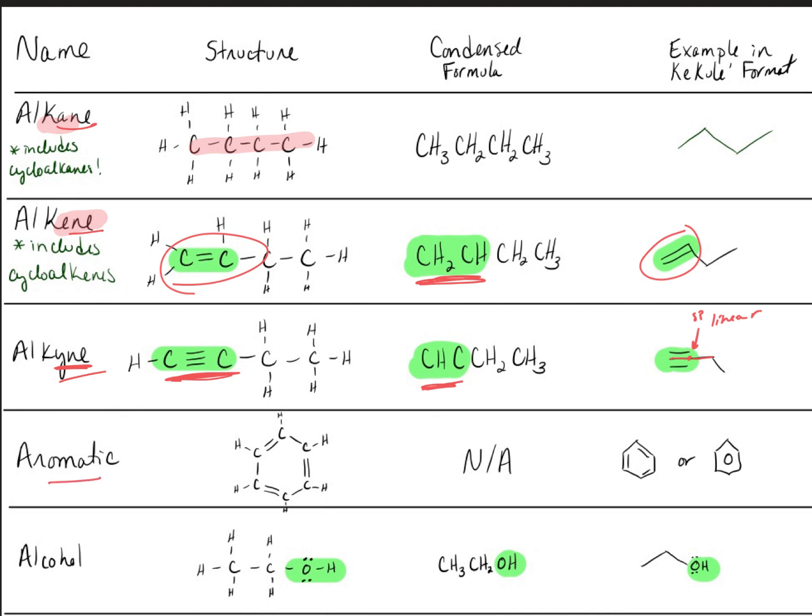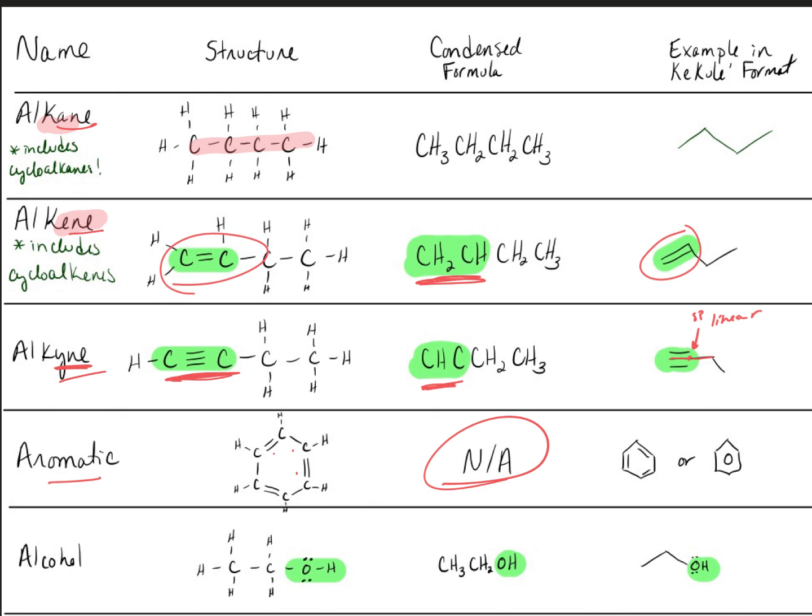Aromatics tend to be benzenes, and there's actually a whole field of aromatics, so we'll talk about that more, I believe in Orgo 2. Okay, so this has alternating single and double bonds. There's 6 carbons in here. We do not represent that as the condensed formula usually, although you can try to abbreviate that in a way that we'll talk about when we get there.